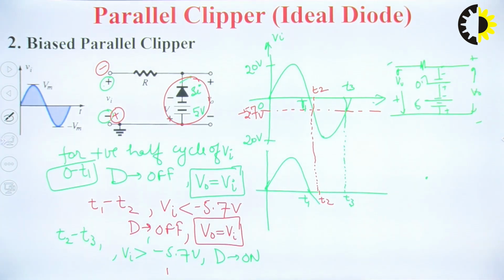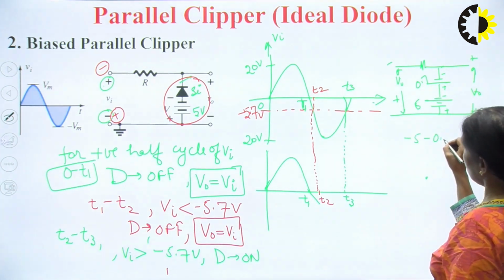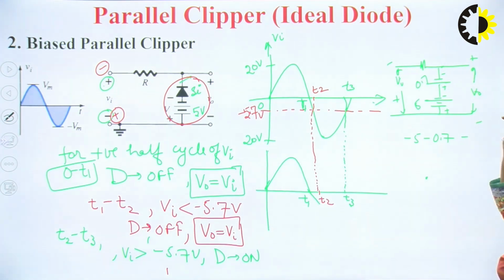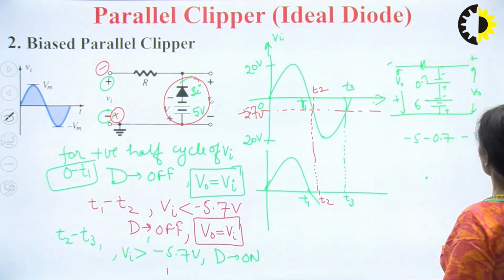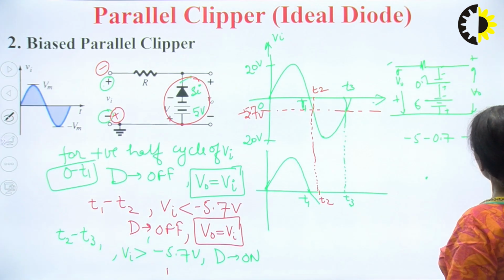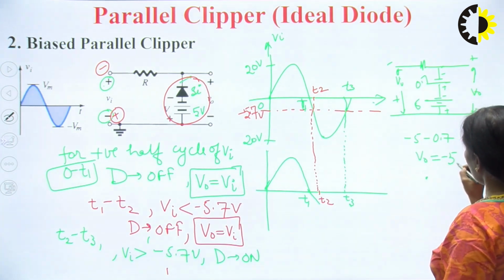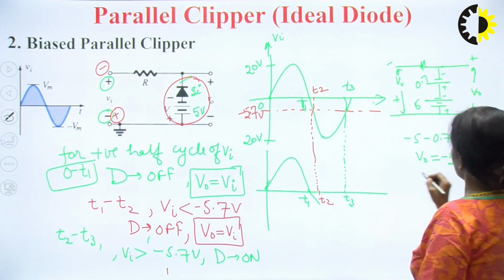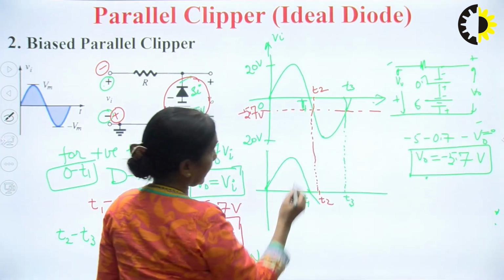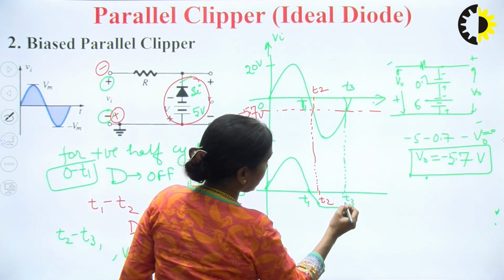So if I write KVL here, then it will be minus 5 minus 0.7 minus V naught is equal to 0. So V naught will be equal to minus 5.7 volts. So I can say that my output will be equal to minus 5.7 volts.